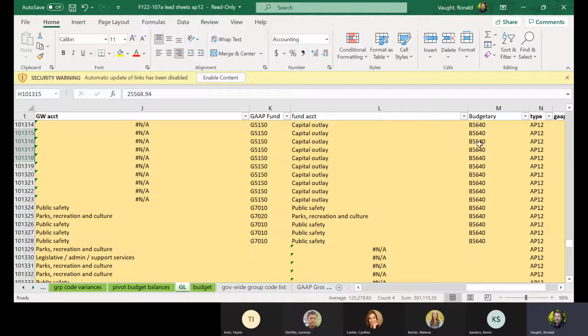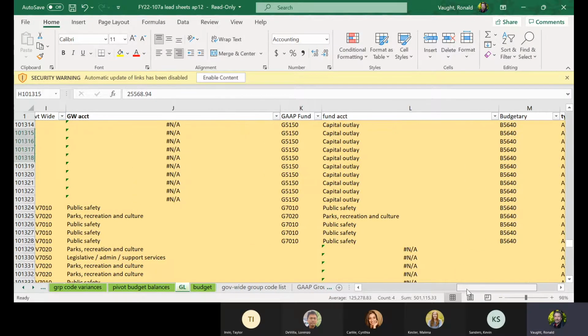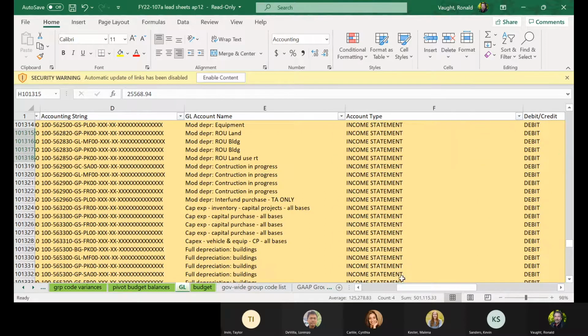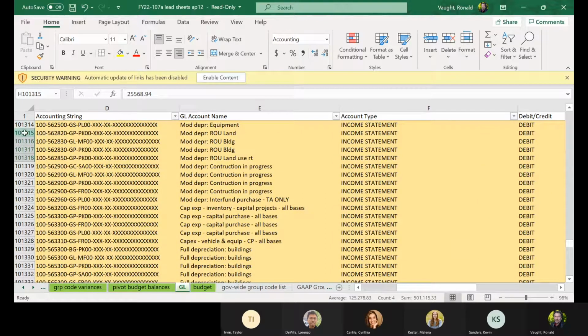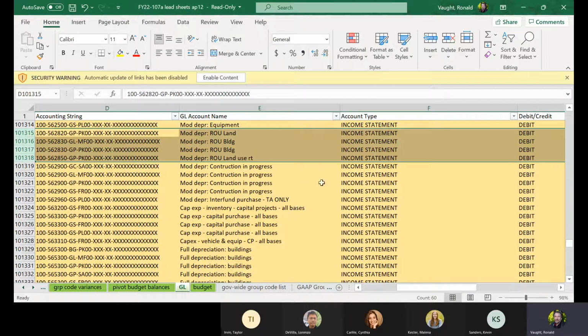So there are two possible solutions. One is remove the budgetary group code to all the right of use asset 562 accounts, or we could add group codes to those proceeds accounts and group them in with capital outlay so that it offsets the 501,000 here and makes it all go to zero.